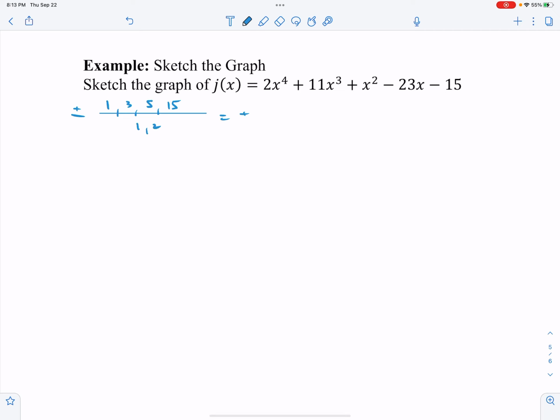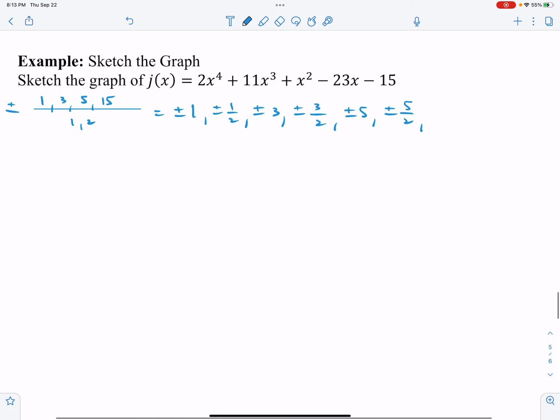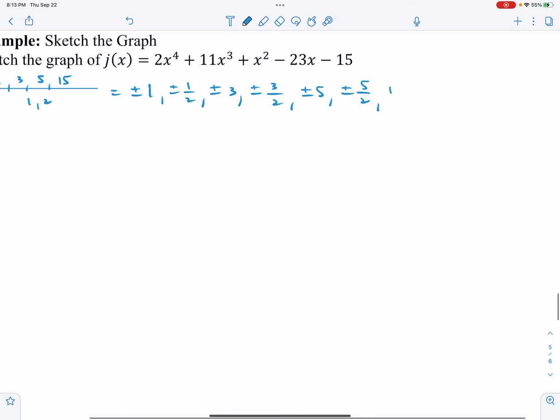But that means we have plus or minus 1, plus or minus 1/2, plus or minus 3, plus or minus 3/2, plus or minus 5, plus or minus 5/2, plus or minus 15, and plus or minus 15/2.